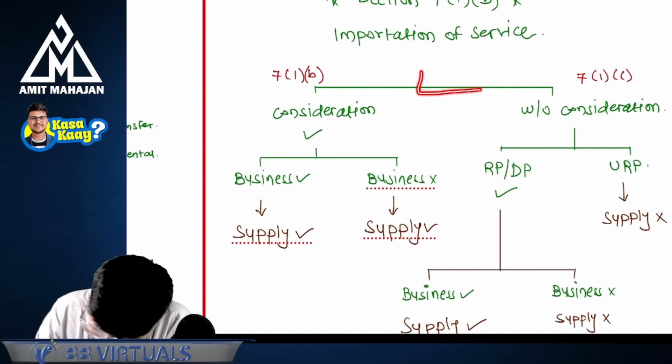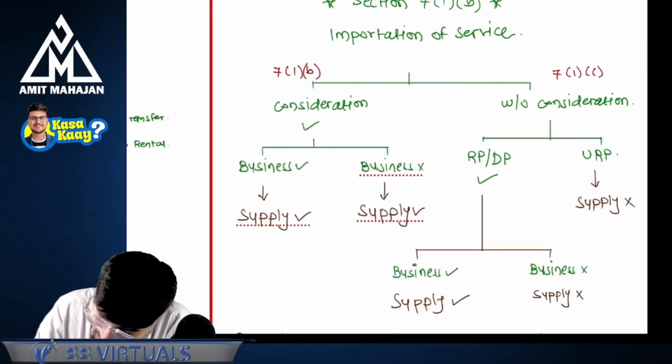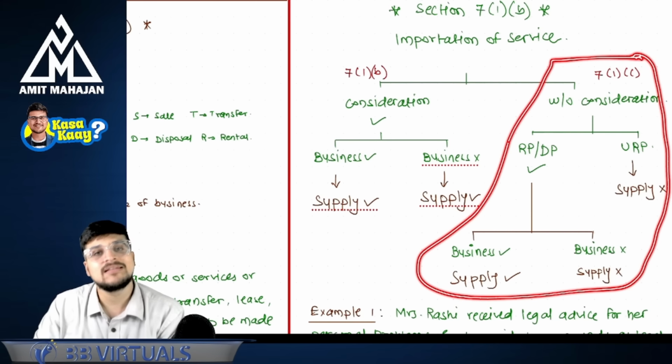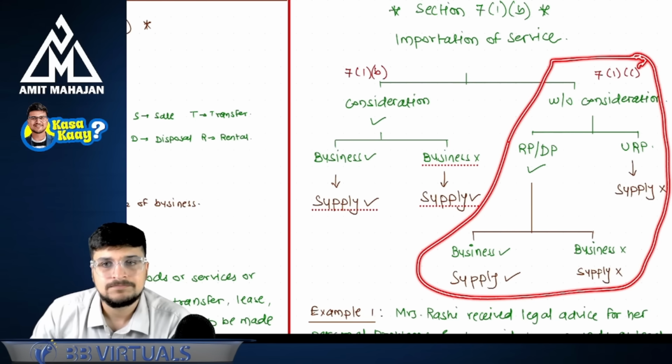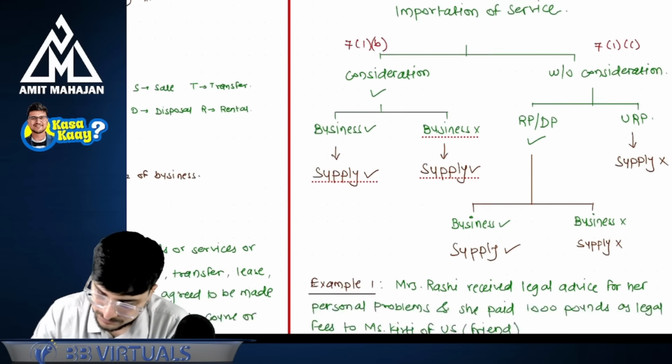But this entire without consideration part is falling under section 7.1c. And this we have already seen. Understanding? So T is done and I is done. Now we need to do R and P.